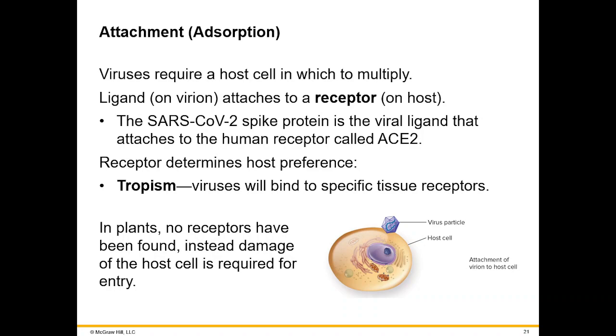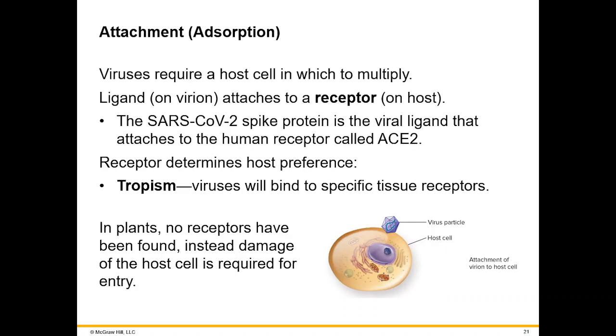The ligand from the virion will recognize a receptor on the host and be able to integrate itself inside. That is why some viruses infect only certain species of plants and not others, or only animals and not plants, because they specifically attach to the host through this ligand-receptor mechanism.